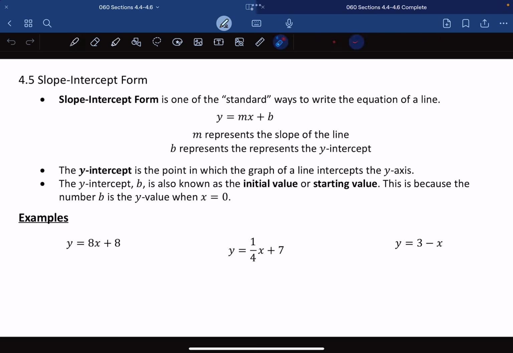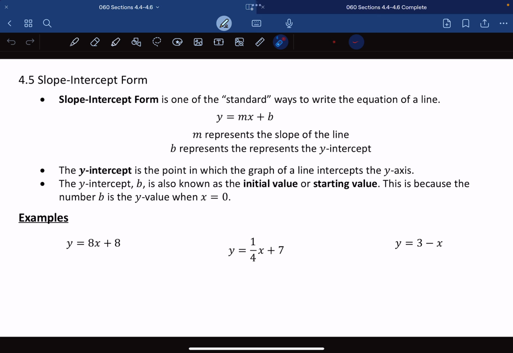The y-intercept is actually the starting point or the initial value of the line that you're looking at. And this is because the number b, or letter, but the number b is the y value when x is 0. So it's the starting point of the data that's given to you.